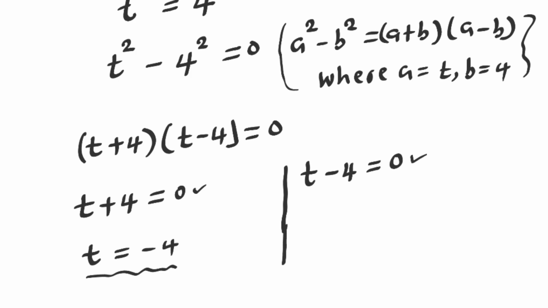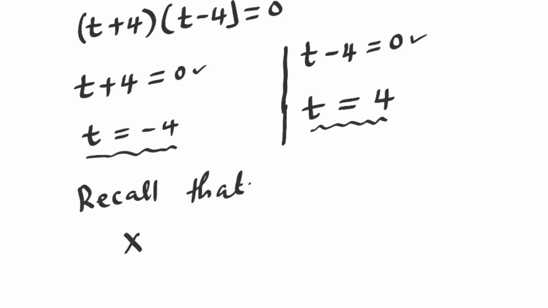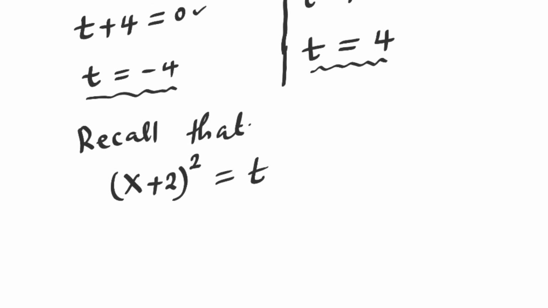And from here, t is equal to 4. This is another value of t. Recall that (x + 2)^2 is equal to t.